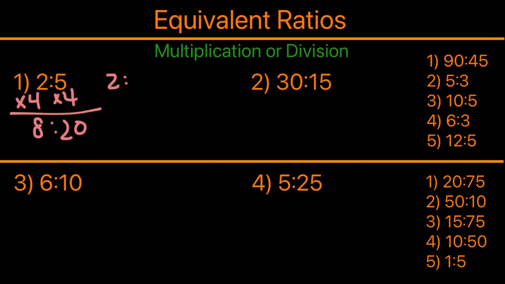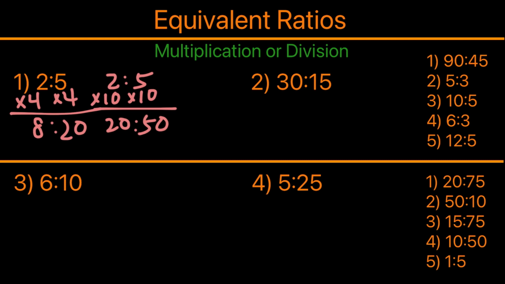What if you want to choose a different number? For example, 2 to 5, but I want to times it by 10. So 2 times 10 is 20. 5 times 10 is 50. So 2 to 5 is equivalent to 20 over 50.